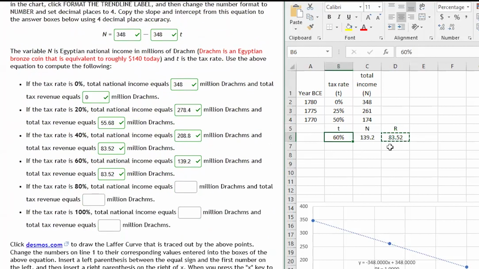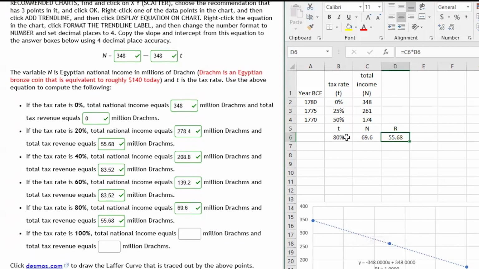At an 80% tax rate, national income is now down to 69.6. And so you have a huge tax rate and a small income, and your revenues are now on the decline. If Pharaoh sets the tax rate at 100%, one of two things is going to happen. Either no one's going to work at all. There's not going to be any commerce. Why would anybody work if government takes 100% of all your income? If you work, you have no income. If you don't work, there's no income.